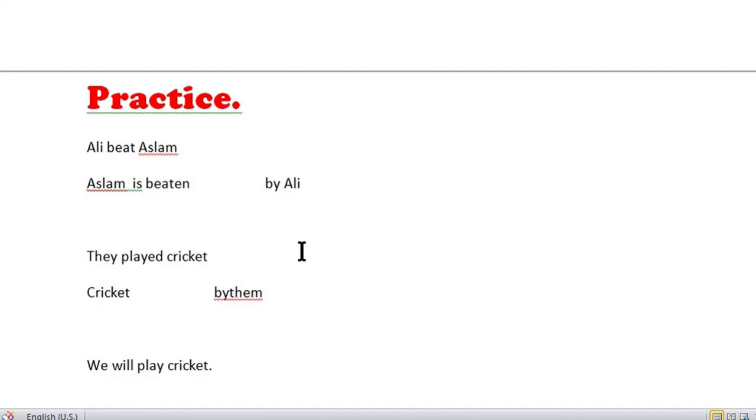Just keep in mind the second form never takes a helping verb with it, and the second form is only used in the past indefinite tense. So: cricket was, and the third form, played by them.